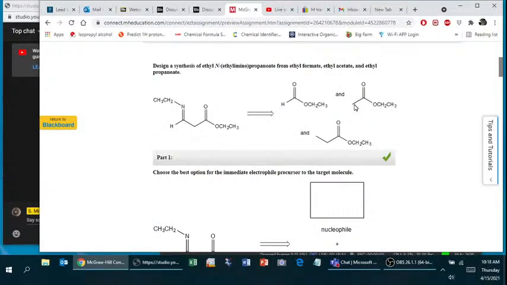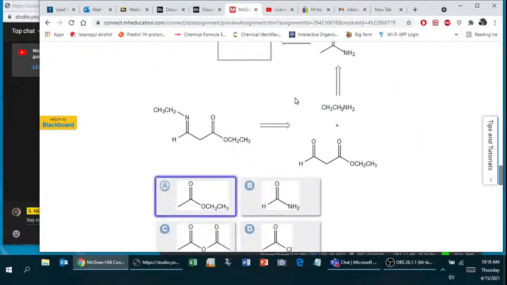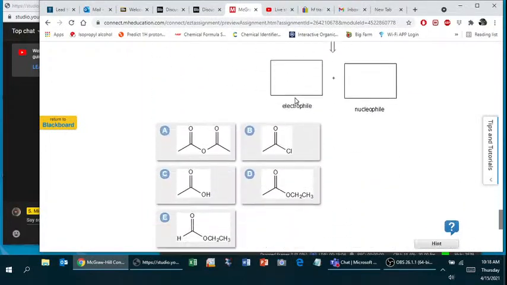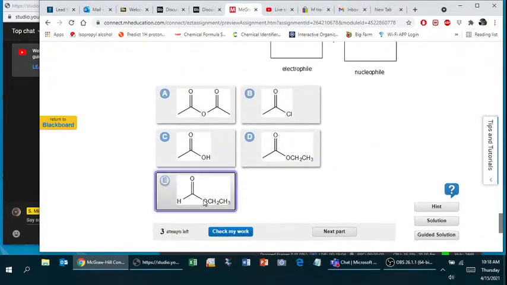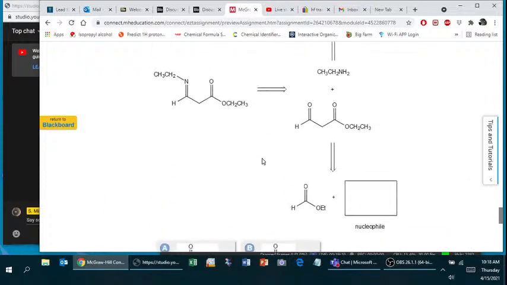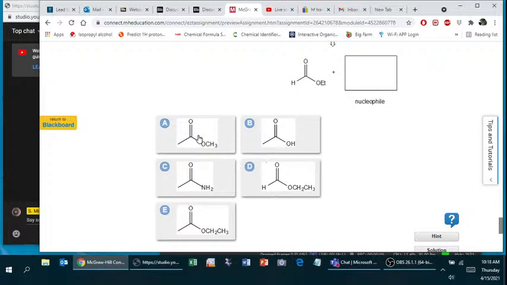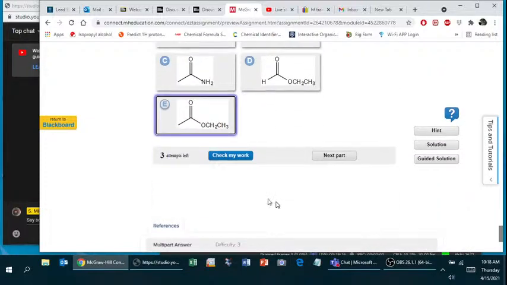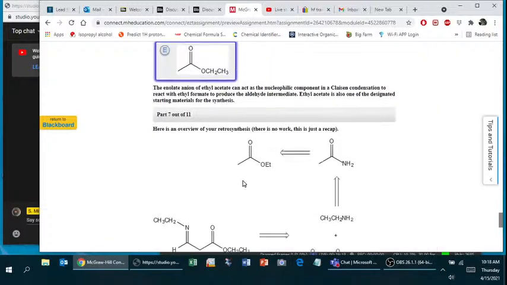Even then, hitting that with a little bit of base would be tricky. But in principle, this could attack the carbonyl and give us the structure we want. So the electrophile in this case is going to be the aldehyde. And then the other one is right there, compound E. So these are both starting precursors.